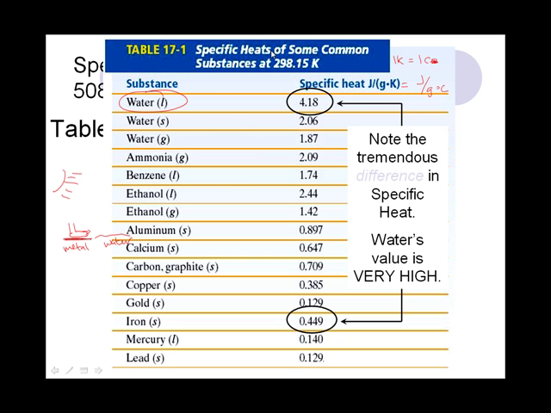Going back to this, please remember these values over here. Water has a specific heat capacity of 4.18 joules, and ice, solid water, has a specific heat capacity of 2.06 joules per every gram degree Celsius, and gaseous water, which is steam, has a specific heat capacity of 1.87 joules per every gram Celsius.